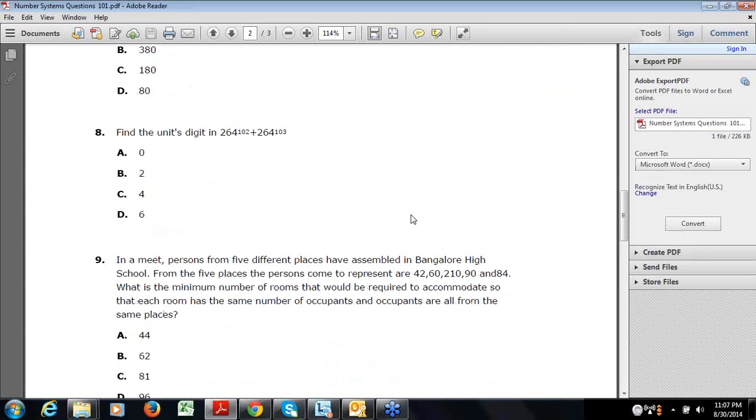Question number 8. Find the units digit in 264 to the power 102 plus 264 to the power 103. So what basically you have to find out? This can be simplified as what? 4 to the power 102 plus 4 to the power 103.